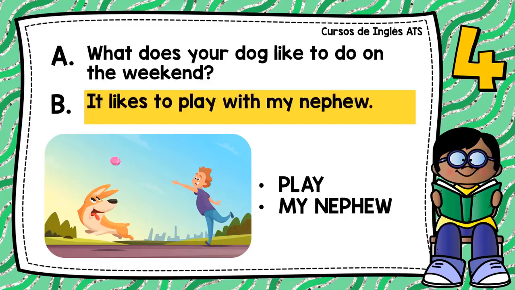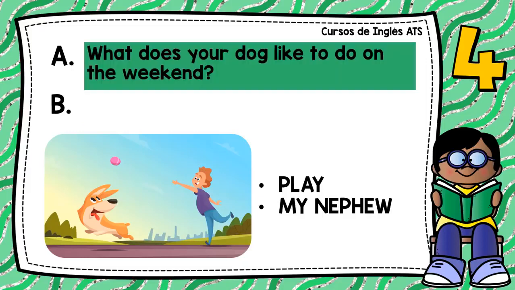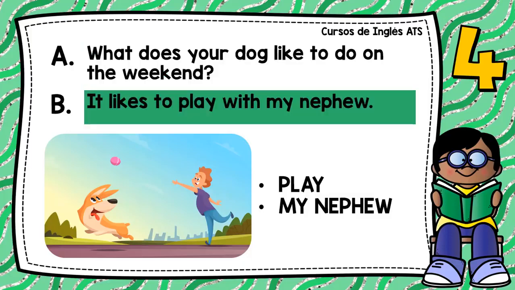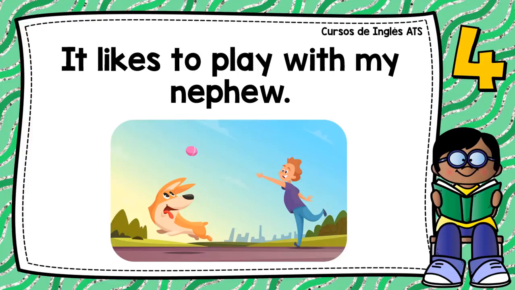Let's check. It likes to play with my nephew. Le gusta jugar con mi sobrino. Let's review. What does your dog like to do on the weekend? It likes to play with my nephew. Analicemos esta oración.